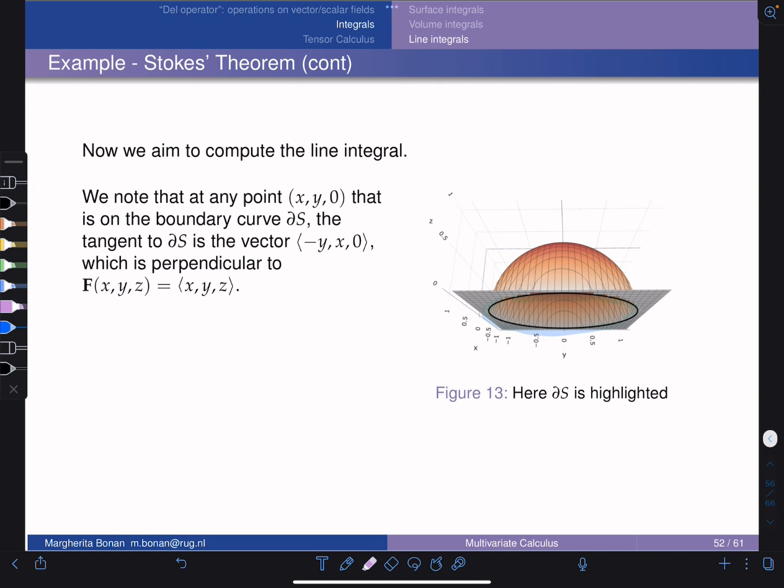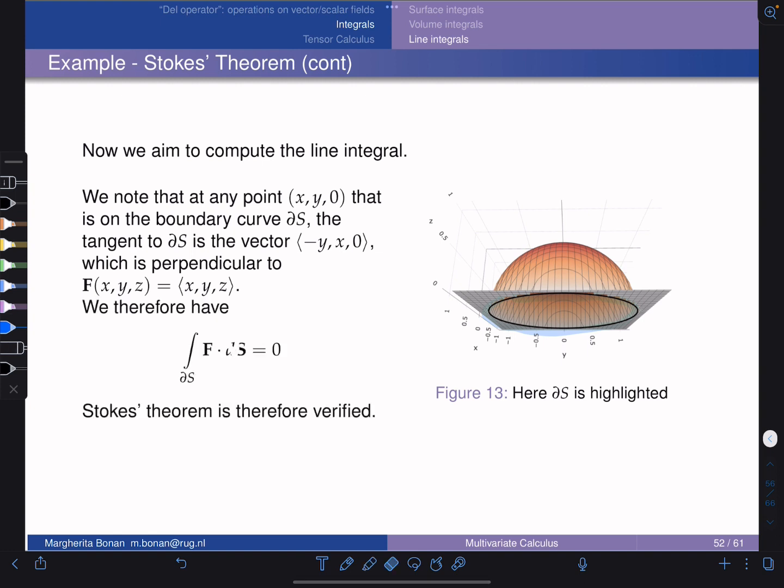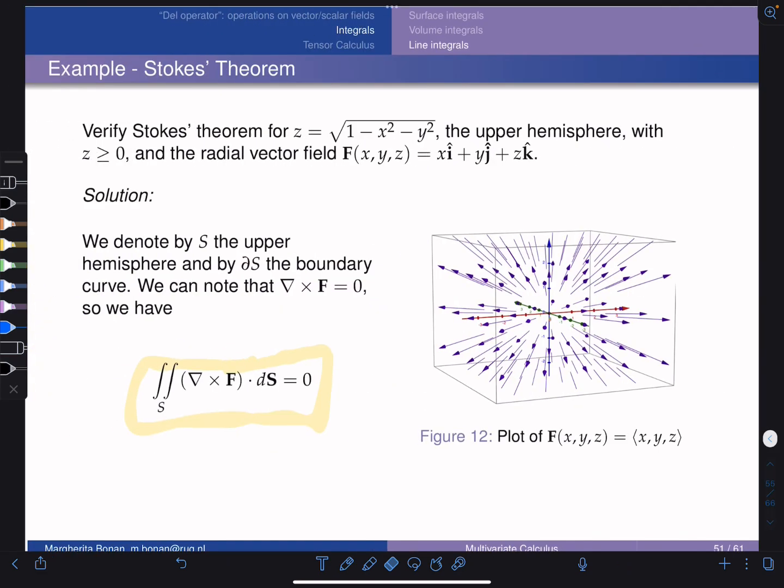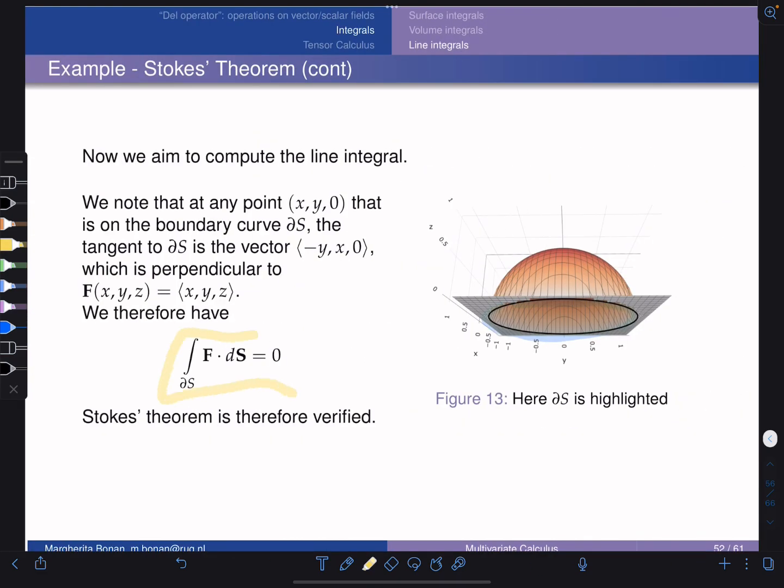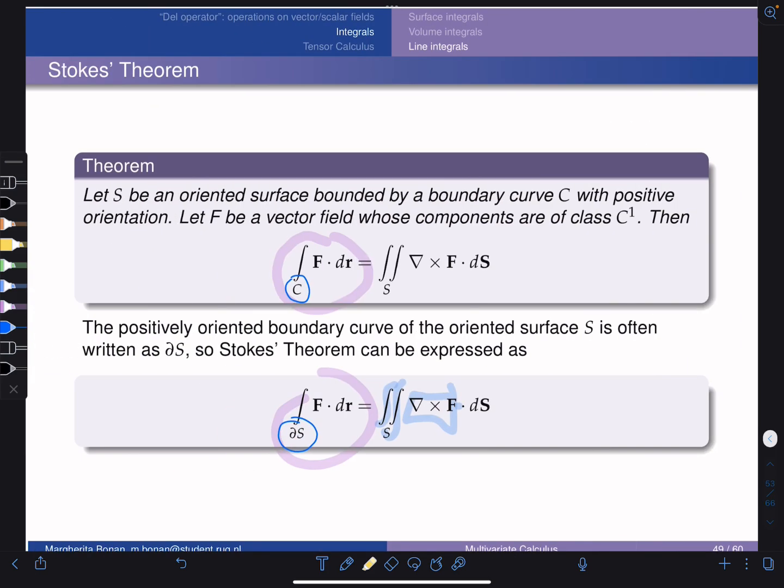This means that the dot product between F and dS along the curve partial of S will always give 0. In this way, we verified Stokes' theorem because we found out that both sides of the equation of the theorem are 0. The theorem was exactly this one.